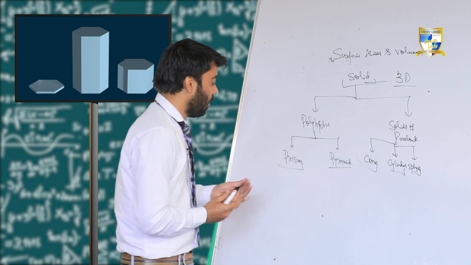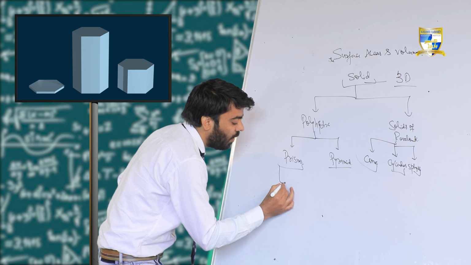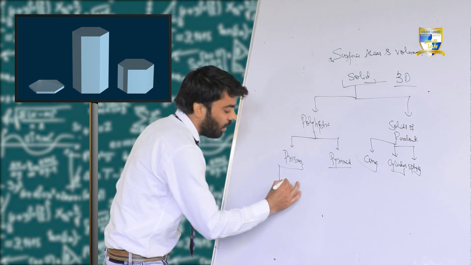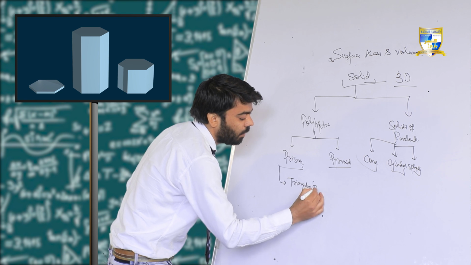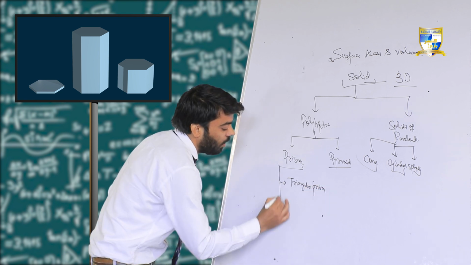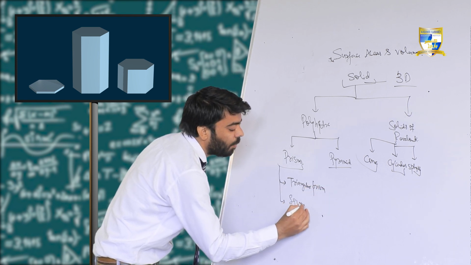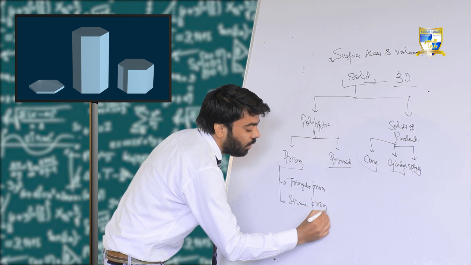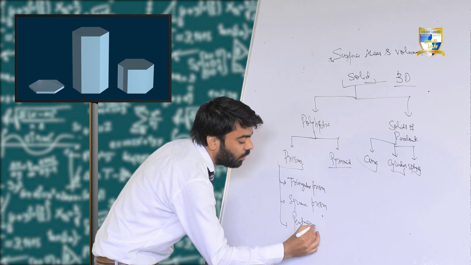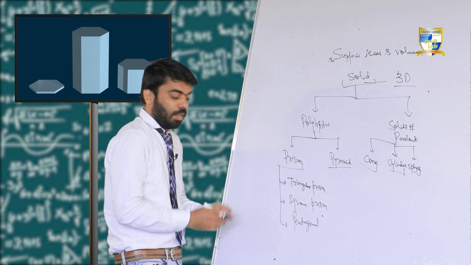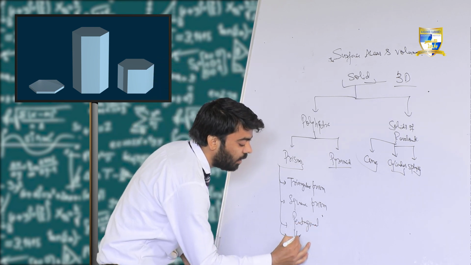That means prisms are of various types. The basic prism is the triangular prism. Second, the square prism. Third, the pentagonal prism. Then we have the hexagonal prism.